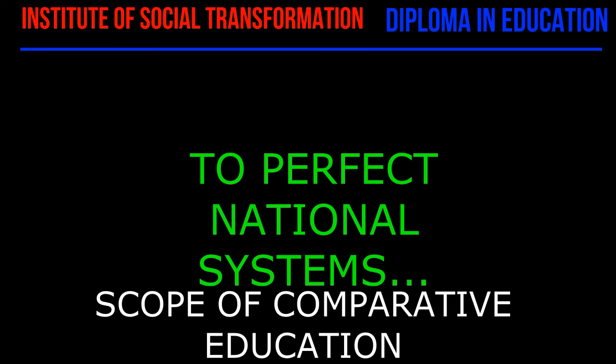Like other education comparativists, the purposes given above are a pointer to the fact that the study of comparative education assists in the flexibility of the education system of one's country.